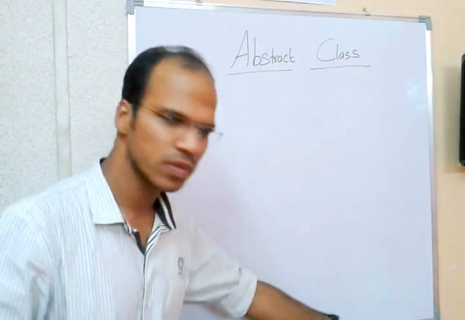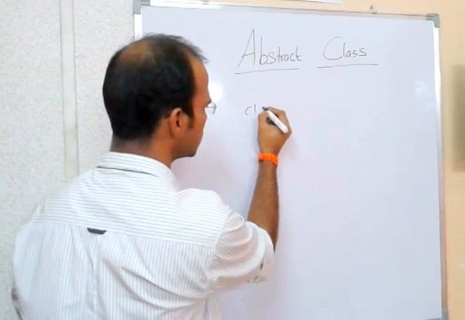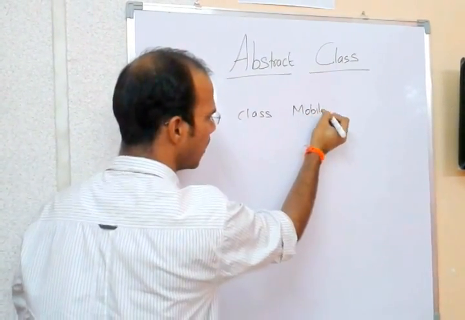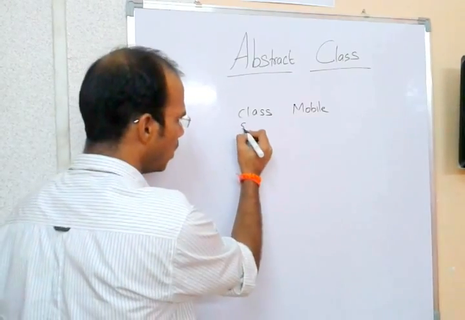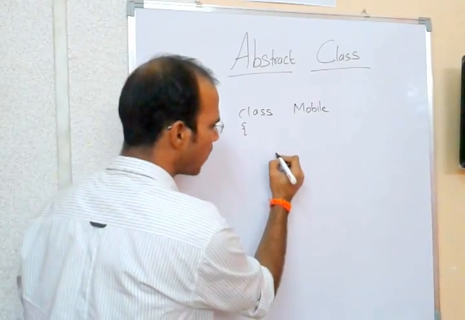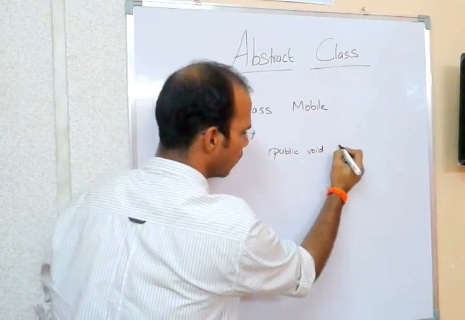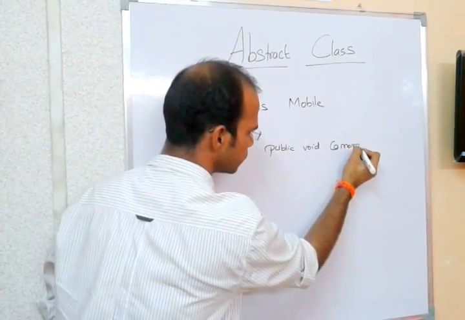It's something like, again, the same class: let's suppose we are creating a mobile phone, so a class like Mobile. Now here you define some methods, like public void for camera.